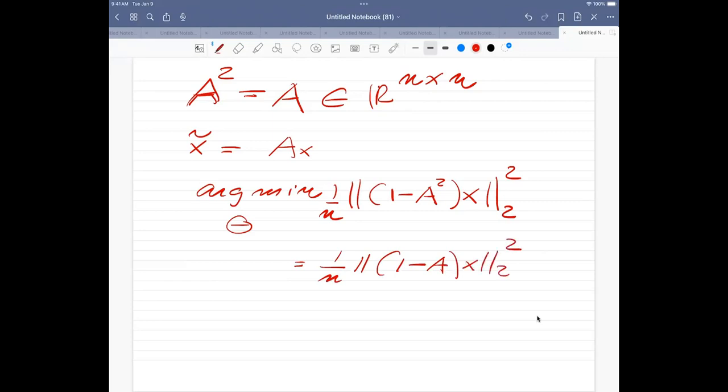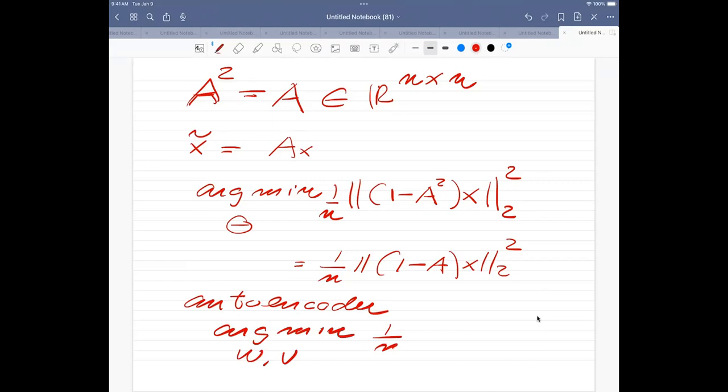So if we now look back at the linear dependence which we had in the autoencoder case, what we had then was a minimization with respect to W and V. And then we had 1 divided by n, and then we have 1 minus V times W times the original x, like that.